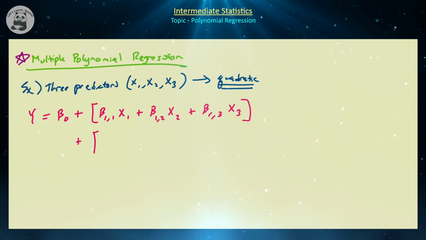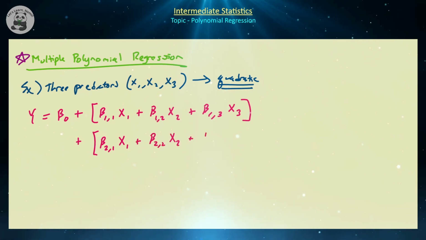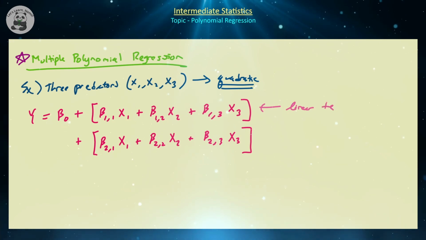And then plus, let's look at our quadratic terms: beta 2,1 for our first variable squared, beta 2,2 for our second variable squared, and beta 2,3 for our third variable squared. So these are our linear terms, and then our quadratic terms.